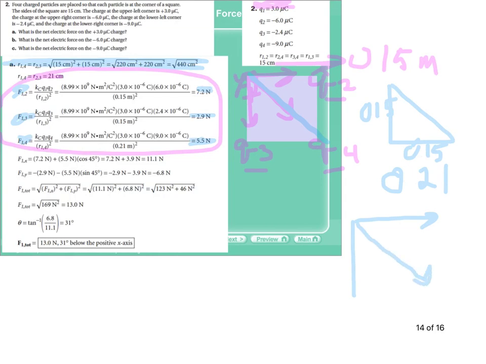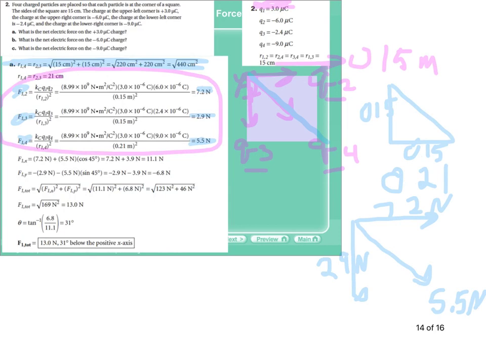These are three vectors we're trying to combine together. One going in the y direction, one going in the x direction, and one going at an angle. We know this one's 5.5 newtons. 1 and 2 is 7.2 newtons, and between 1 and 3, 2.9 newtons.